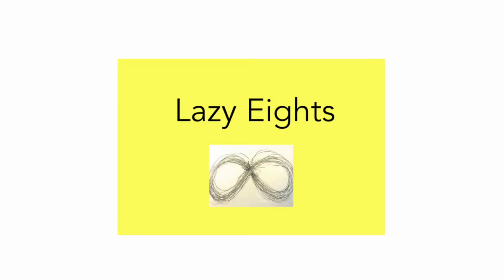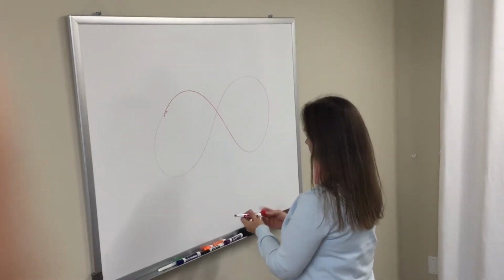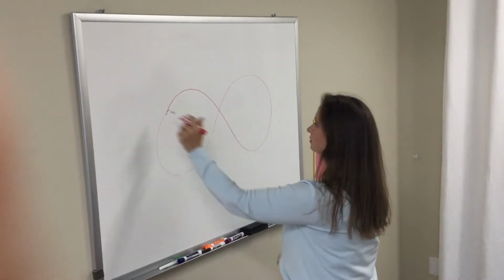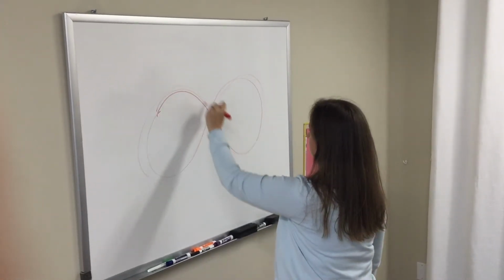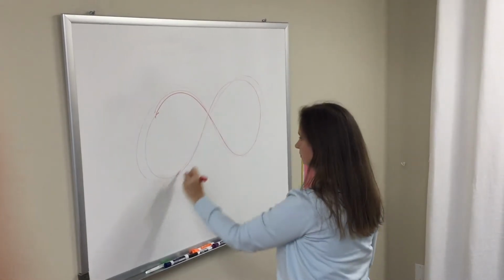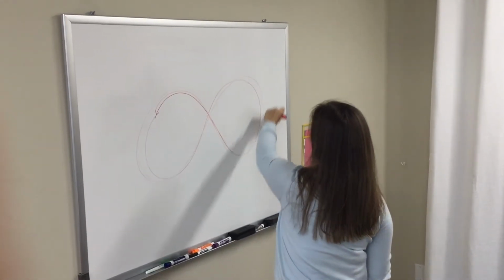Then we move on to larger two-dimensional space by using a whiteboard, an easel, a chalkboard, and integrating activities like the figure 8. This helps us make sure that we're crossing midline.